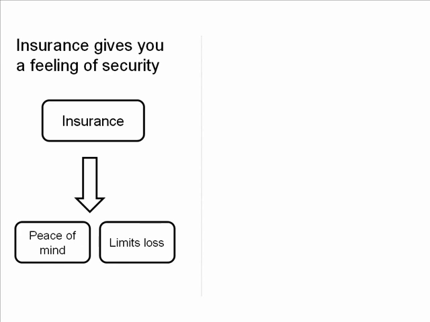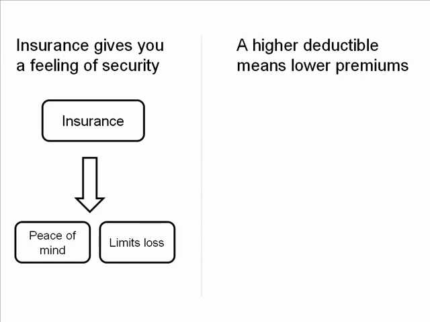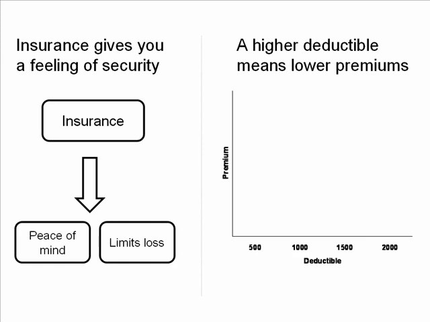Now, when you're choosing the deductible, understand there's a relationship between the deductible and the premium you pay on an annual basis. If we look at the deductible on our horizontal axis, the higher deductible is to the right. Here's how the relationship works between the premium and the deductible. As you take a higher deductible, the premium comes down.